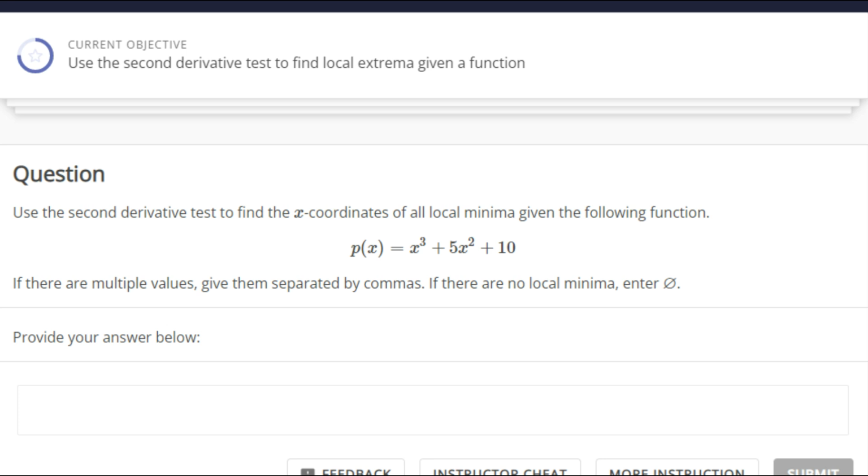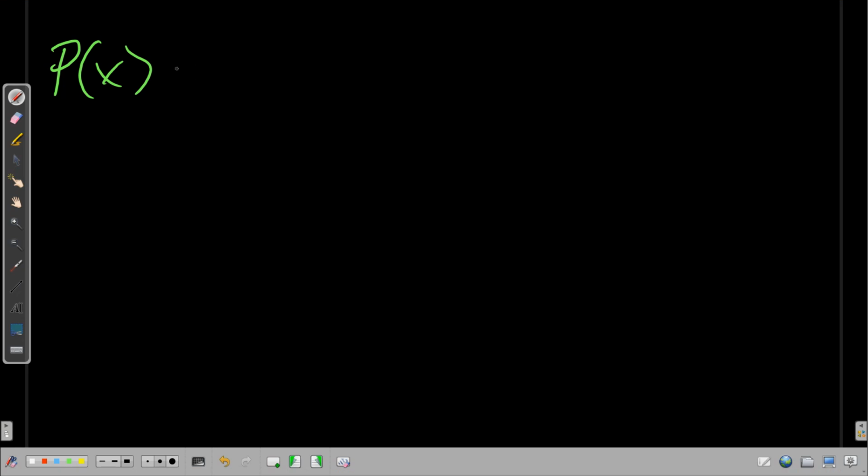Here's the cubic function, and they want, again, the local minima. Okay, so that cubic function is, sorry this is such a long video, we're almost done. This is probably the last question. x cubed plus 5x squared plus 10.